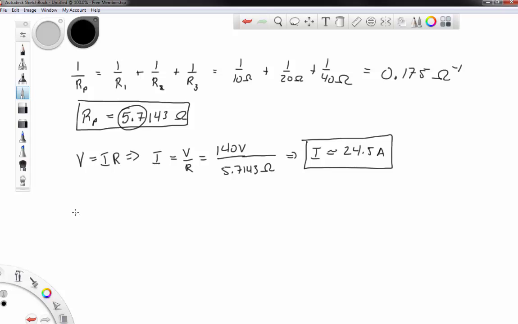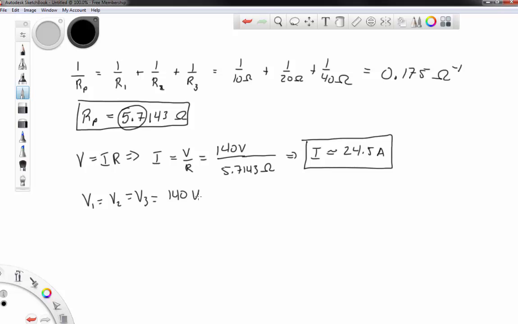So what's the voltage drop across each individual branch of this resistor? Well, the voltage drop has to be the same for every single branch. So basically what that means is that every individual resistor is also going to have a voltage drop of 140. So V1 equals V2 equals V3 is equal to 140 volts.